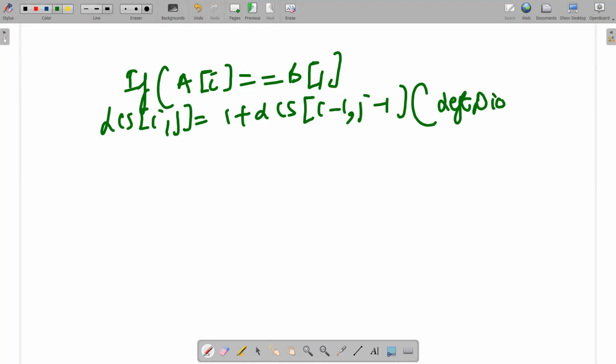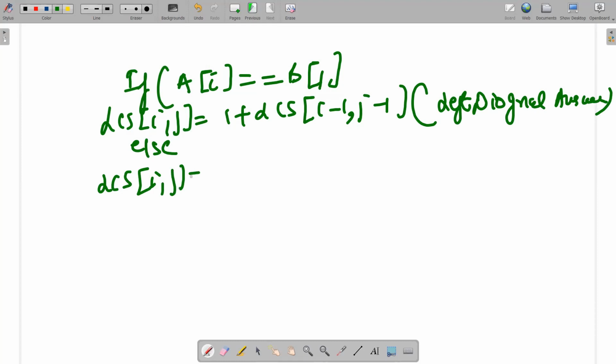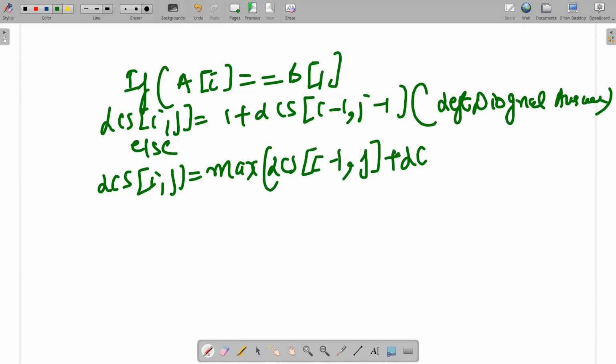So this is when there is a similarity between the characters of the strings. Else, LCS(I, J) is the maximum of either the left answer or the upper answer.